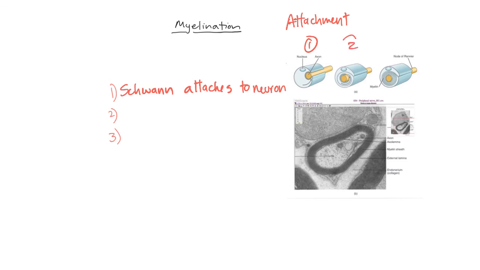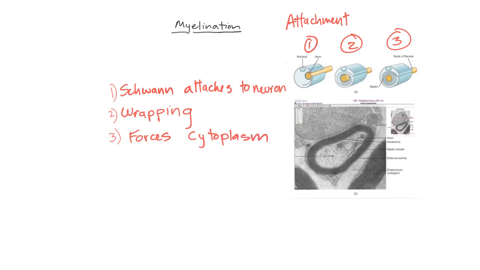Once it attaches, then it wraps around it multiple times. You can see that it circles around and around. And then the third part, it forces the cytoplasm out. So what you're left with is many, many layers of what structure?